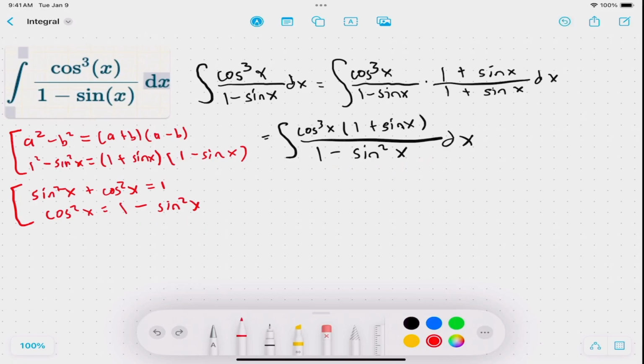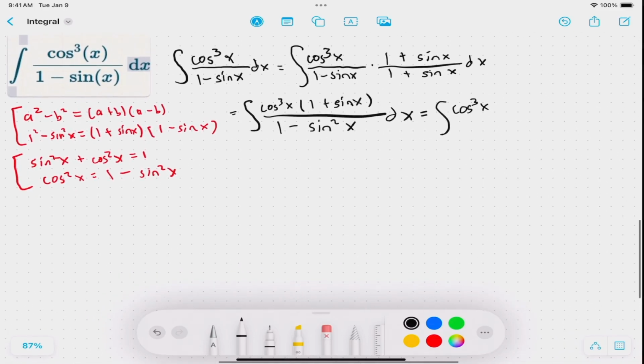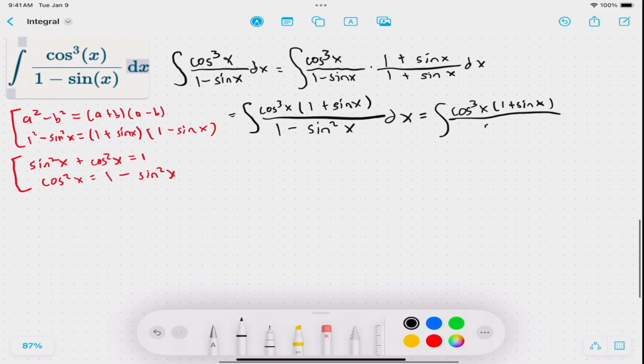So I'm just going to replace it. And now this is helpful because we can cancel out cosine squared of x by doing the division. So this is going to be equal to just cosine to the first power of x times 1 plus sine of x dx.